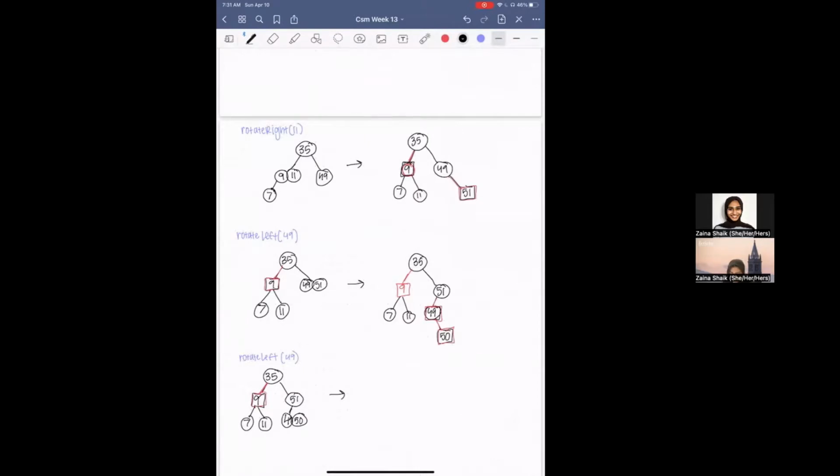And then we can draw the completed sub-step. So let me just draw this side of the tree first. So now we would have 50 as red and 49 as red.